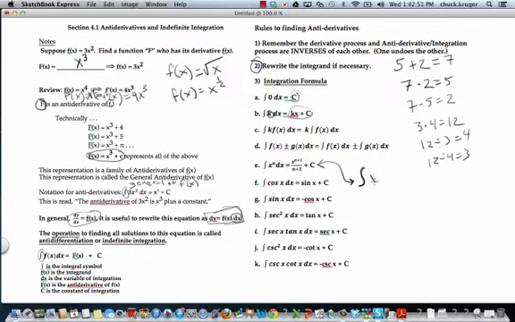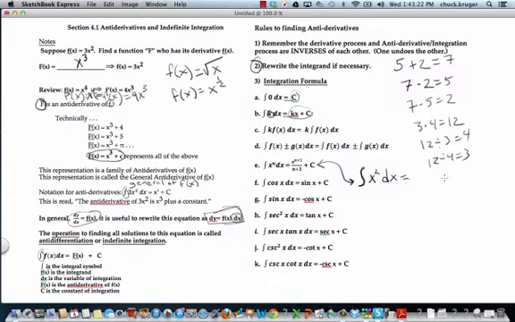If I'm taking the antiderivative of x squared, remember, when I take the derivative of my result, I should get x squared. So let's see what we're going to get here.